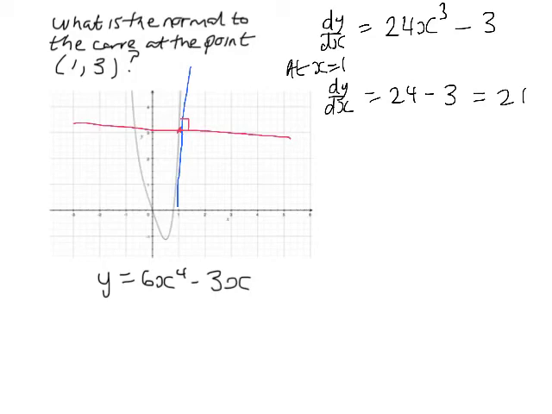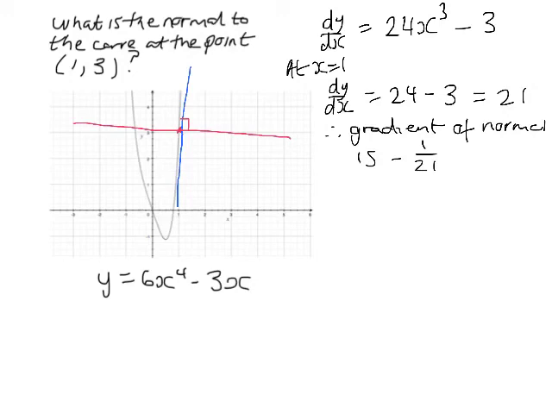So we know the gradient of the tangent at that point is 21, and because the normal is perpendicular to it, we can now find the gradient of the normal. So the gradient of the normal is going to be the negative reciprocal of the gradient of the tangent. So it's going to be negative 1 over 21.